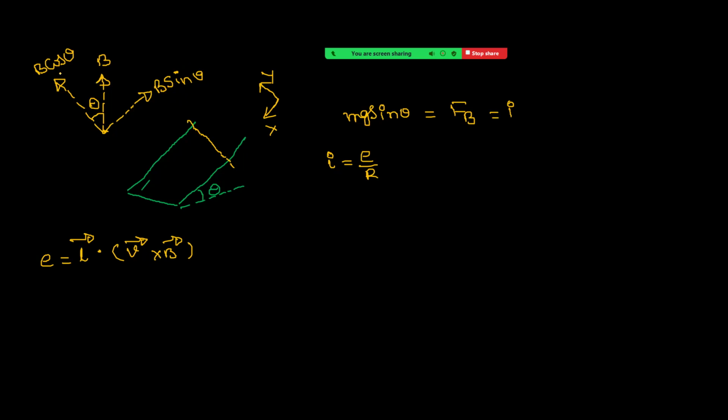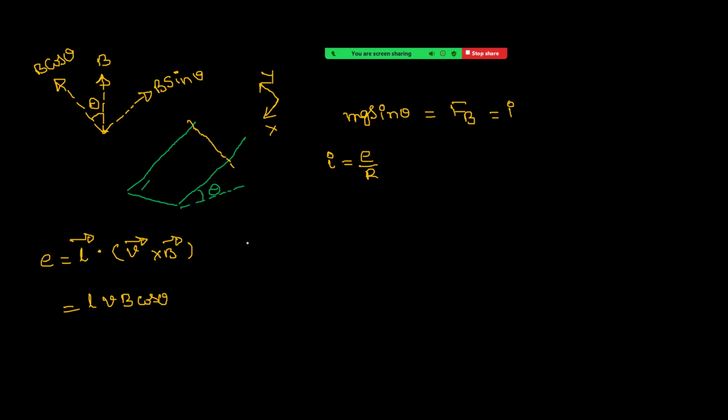It is only because of B cos theta. Therefore, L bar is along the length, that is y-axis, velocity along x-axis, and B cos theta is normal to these two. So EMF induced is equal to L into V into B cos theta.